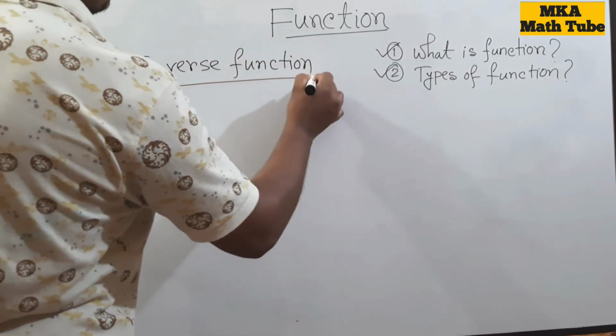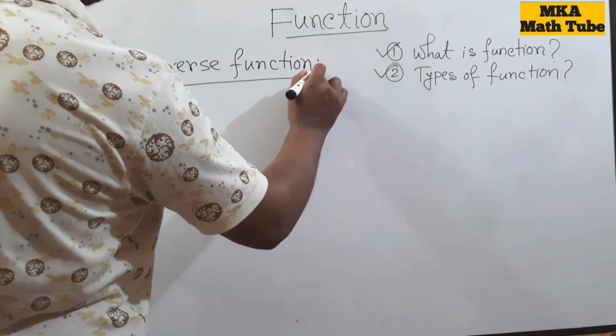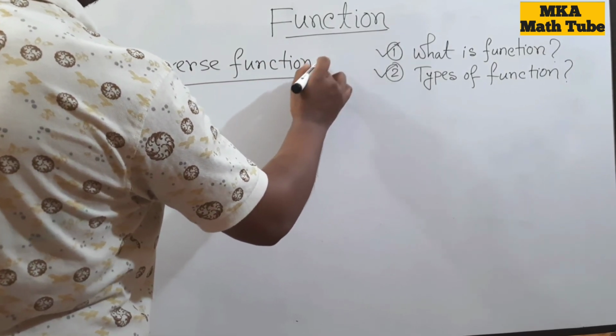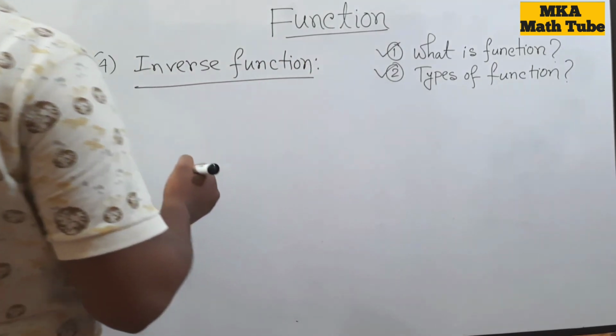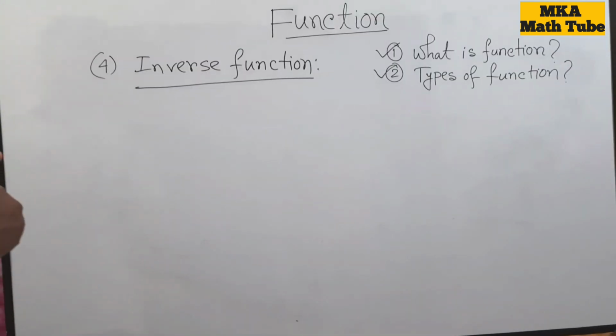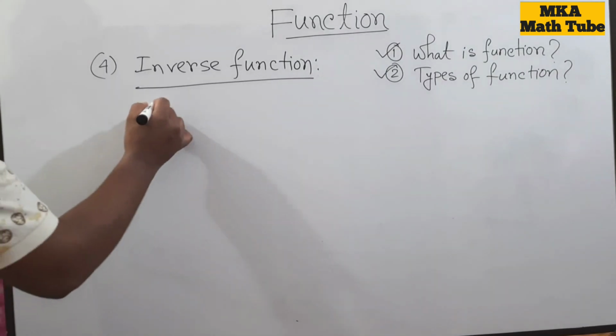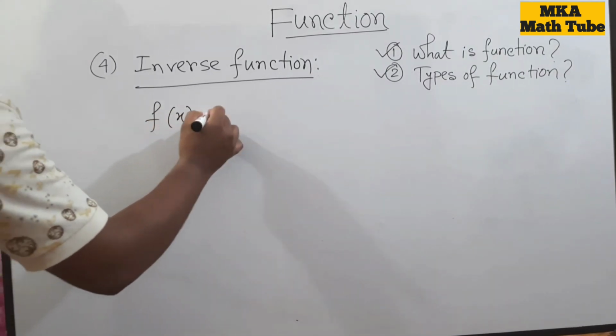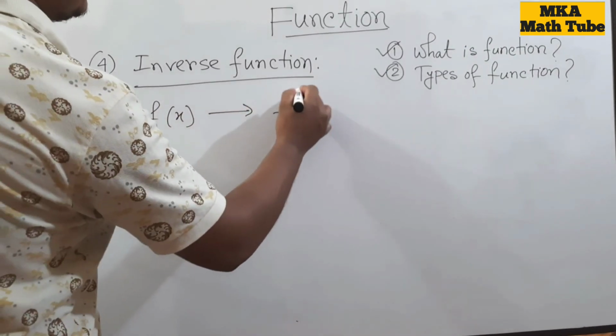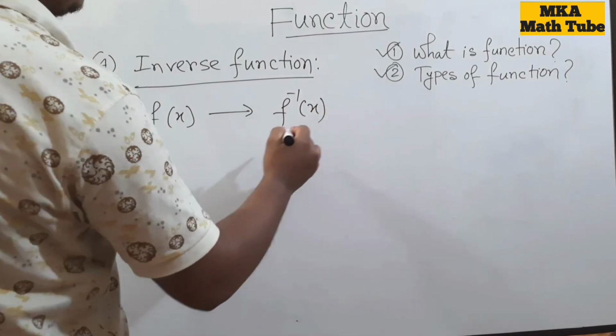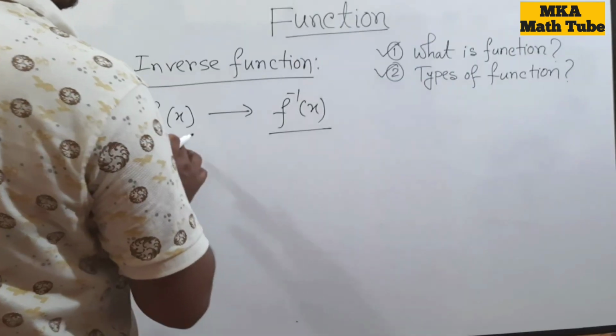This is so important because in most of the exams, both O level and A level, inverse function questions are common. Okay, what is inverse? If f(x) is a function, then the inverse will be f⁻¹(x). Inverse means the opposite of this function.